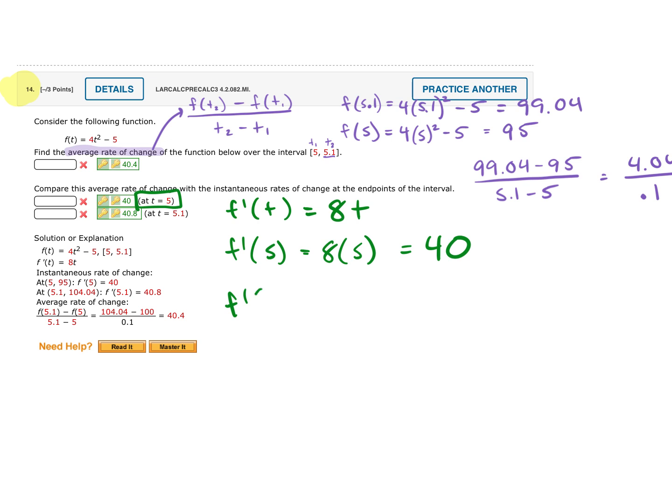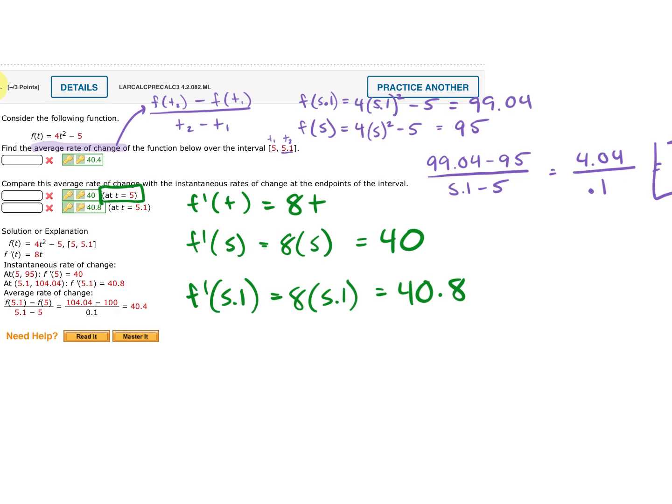And f prime of 5.1, so 8 times 5.1 would be 40.8. So if it asks for the average rate of change, you're using the slope formula. If it asks for the instantaneous rate of change or the instantaneous velocity, take the derivative and plug in the number that it gives you.